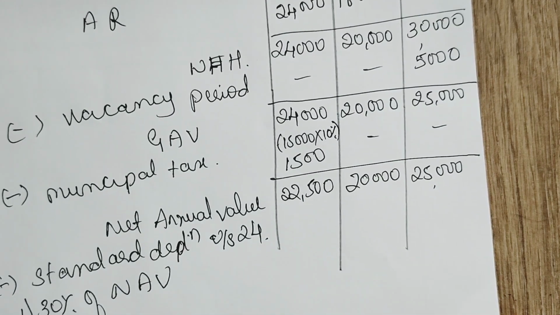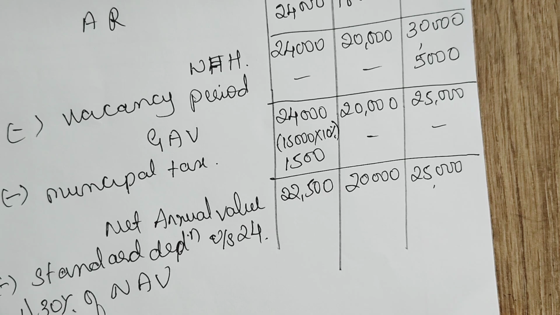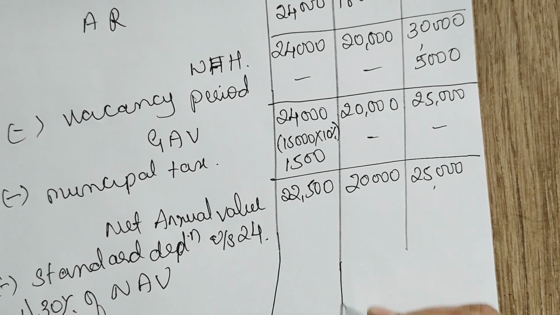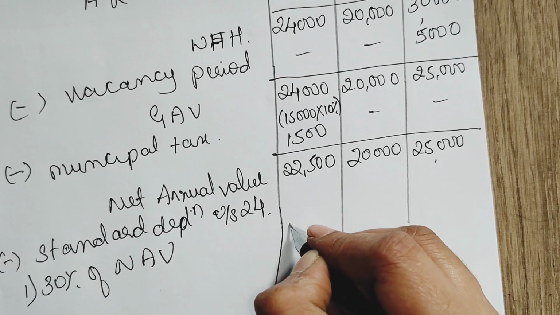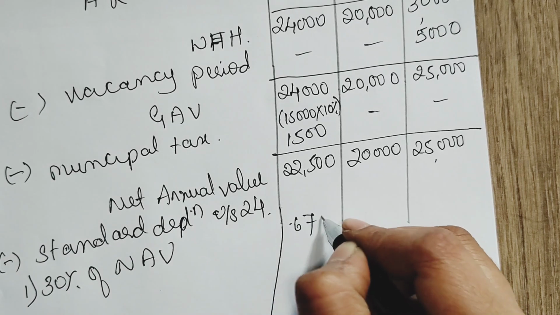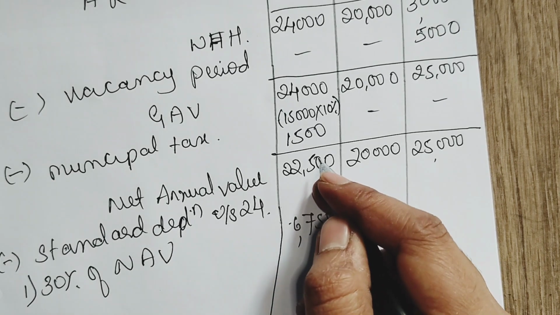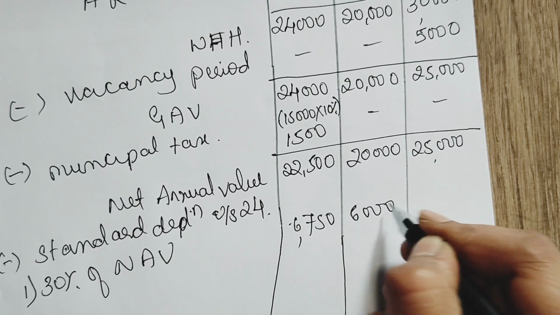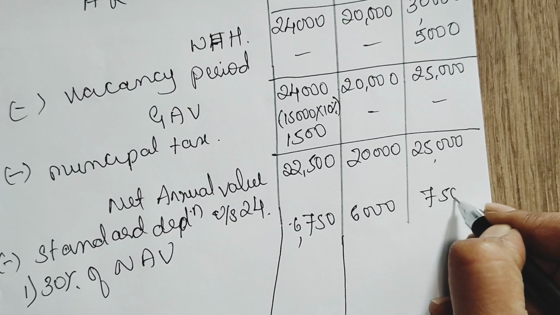On net annual value you have to calculate 30%. On 22,500 into 30% it is 6,750, 6,000, 7,500.